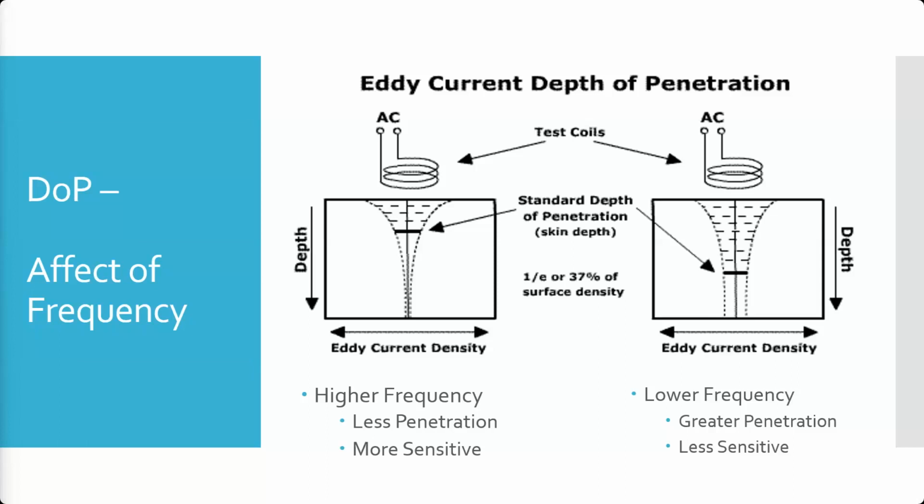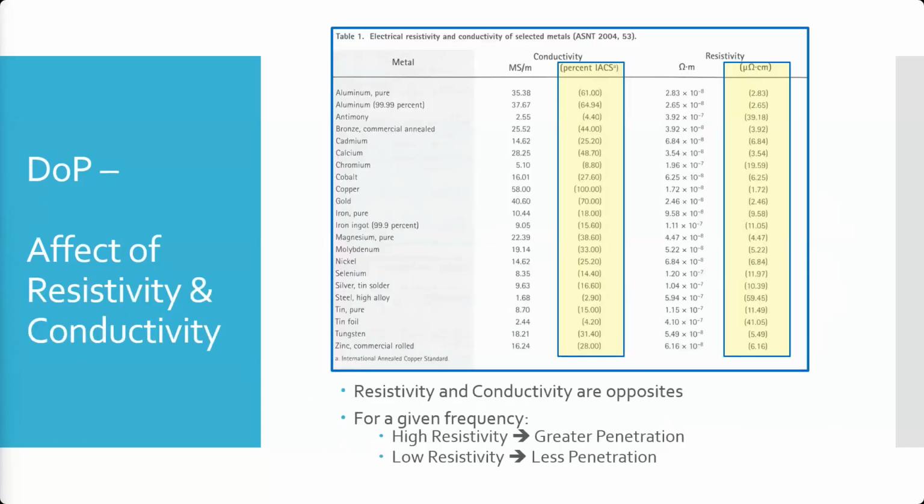Here's an example of that table that gives you resistivity or conductivity. Conductivity and resistivity are inverse of each other. So here's a few different materials. You can see this is percent IACS, which is basically the higher the percentage, the more conductive a material is.